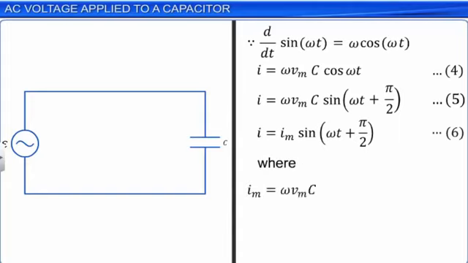The amplitude of the current, Im, can also be expressed as the amplitude of voltage, Vm, divided by 1/ωC. Let this be equation 7.